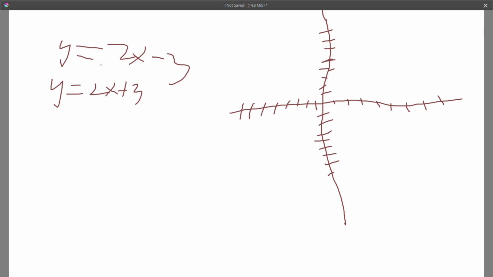So I have these two equations, y equals 2x minus 3 and y equals 2x plus 3. The slope formula is change in y over change in x. Now this can be written as lots of stuff. People say rise over run, change in y over change in x.